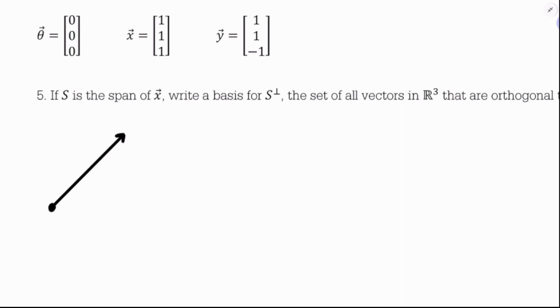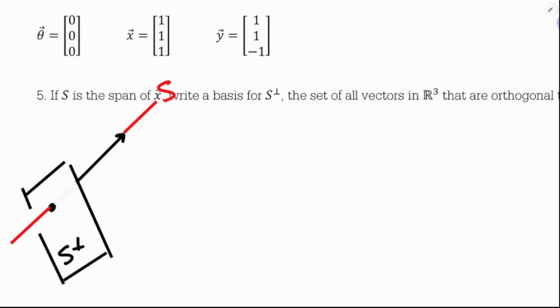Let's see if I can make that happen. Okay, as best I could. Okay, yeah. It looks all right. This is going to be S. Okay, write a basis for S perp, the set of all vectors in R3 that are orthogonal to S.